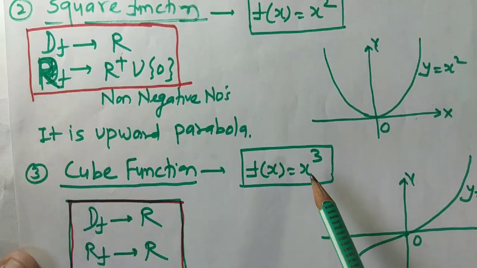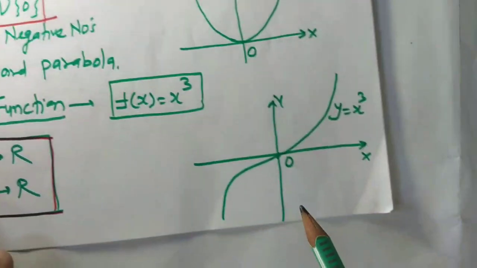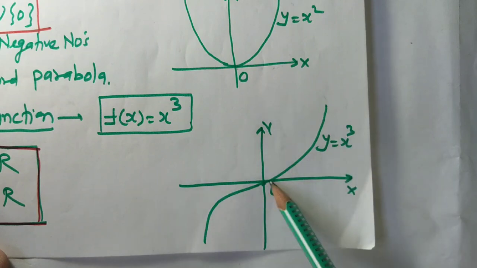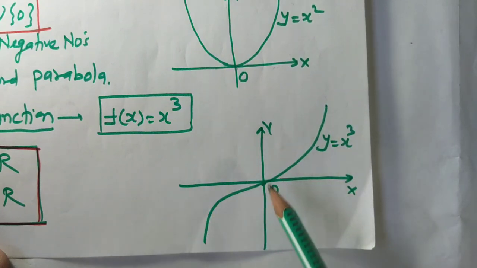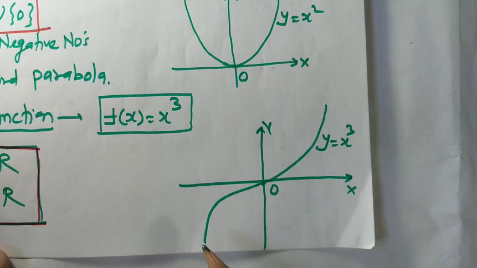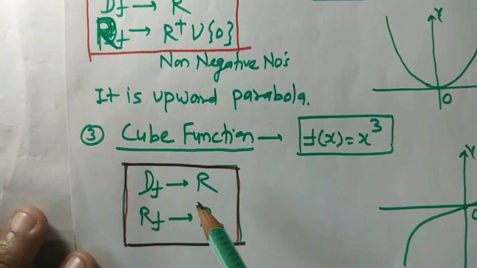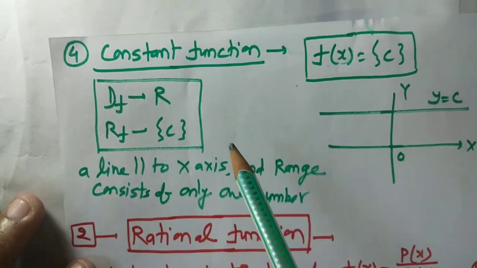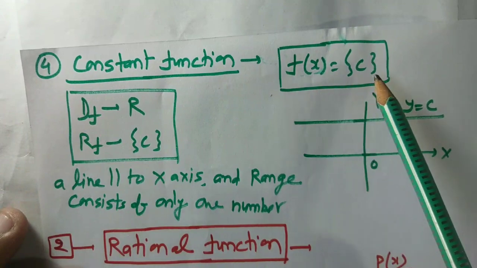Then f(x) = x³. Graphically it is clear, that is y = x³: x positive direction, negative direction, y positive, y negative, the graph comes in all four quadrants. That's why its domain and range both are equal to real numbers. After that we have the constant function, just f(x) = c.